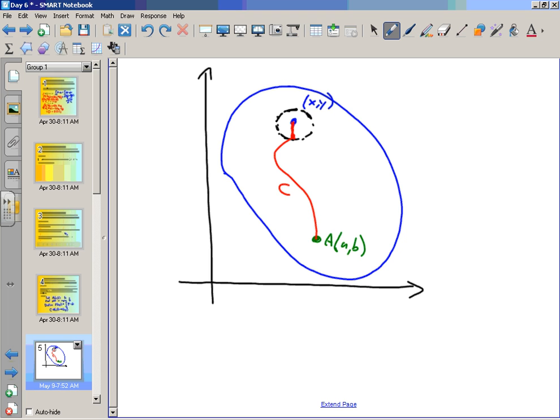So we have C1, which is whatever curve here, and then C2 is just going to be that vertical segment from this point here in our circle up to our point (x, y). Because this is a vertical segment, this point down here is going to have the same x value as this point up here. It's going to have a different y value. So this is also going to be x, and we'll just call this y1.